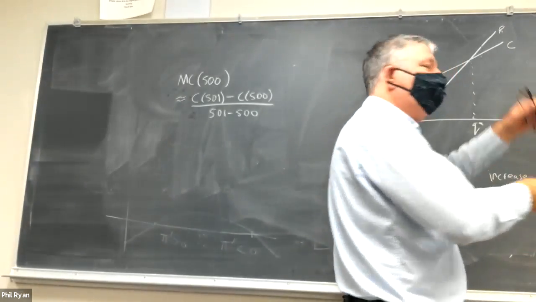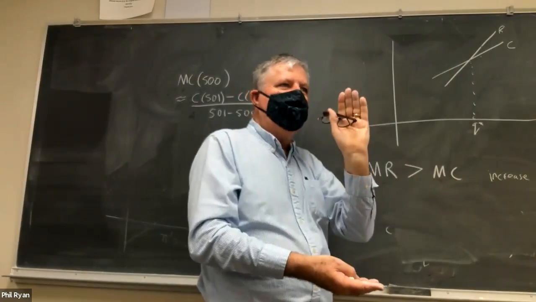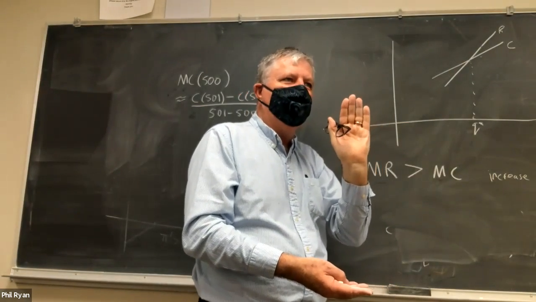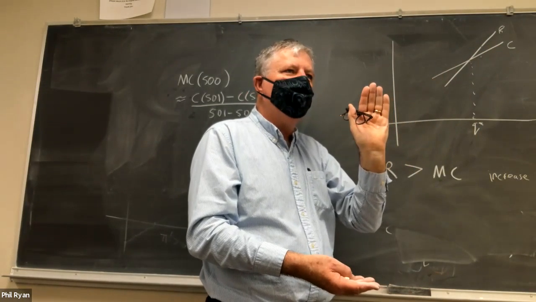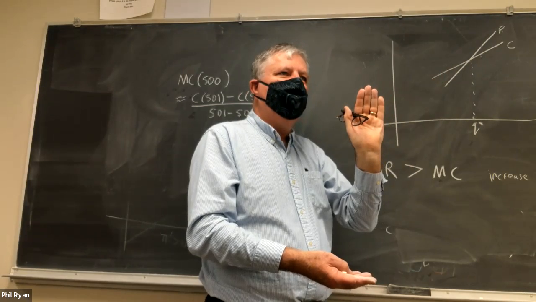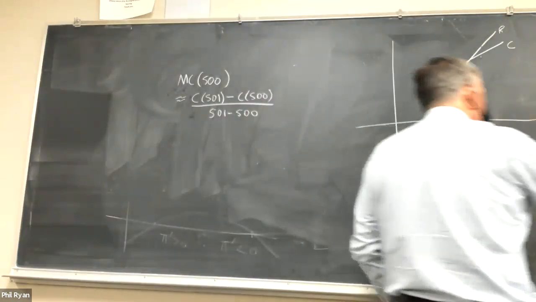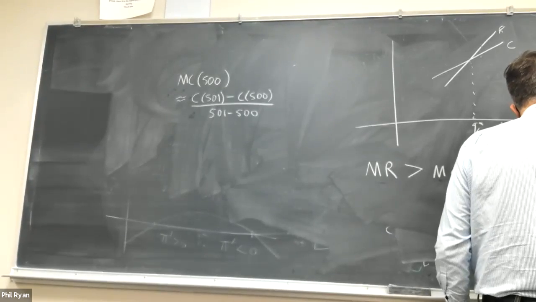Not profit, because remember, profit is the total quantity. We're just talking about marginal now. So when we increase production, what is positive? Marginal profit, exactly. Marginal profit is positive.